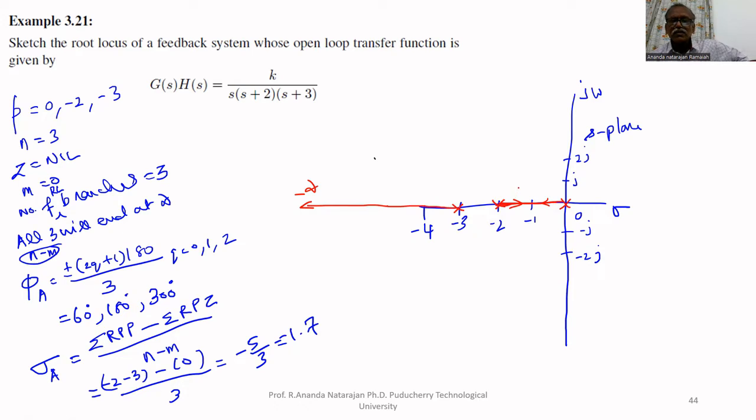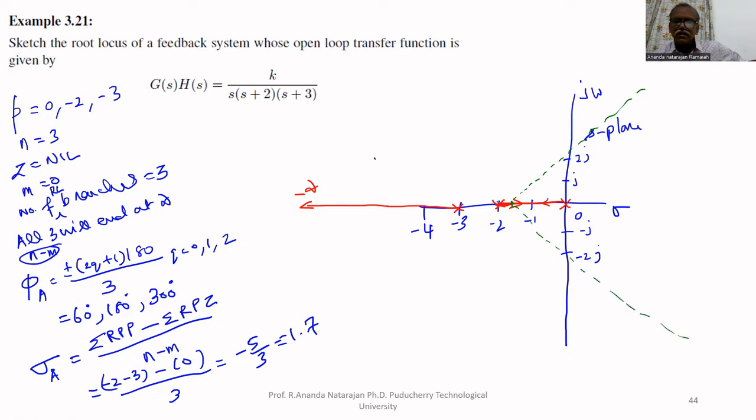So let us draw the asymptotes. 1.7, so that is minus 1.7 here. At an angle 60 degree, it goes to infinity. And this also goes to infinity at minus 60 degree.